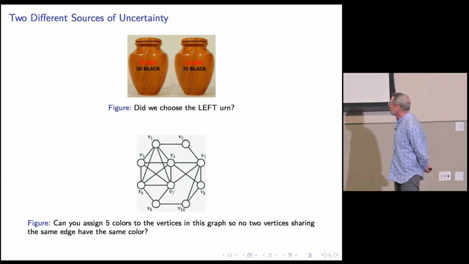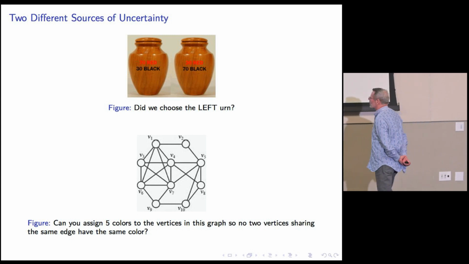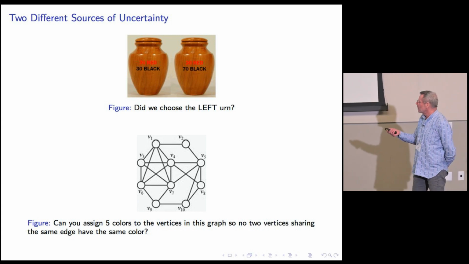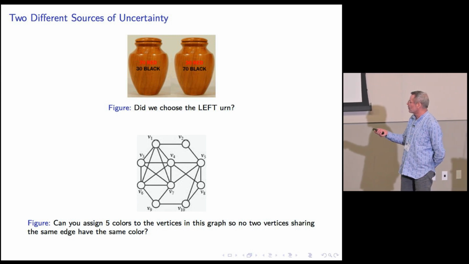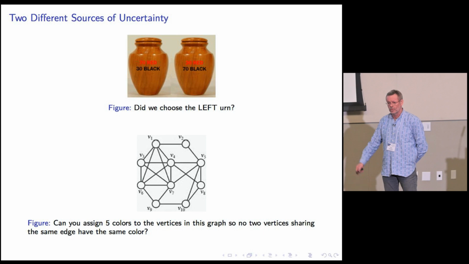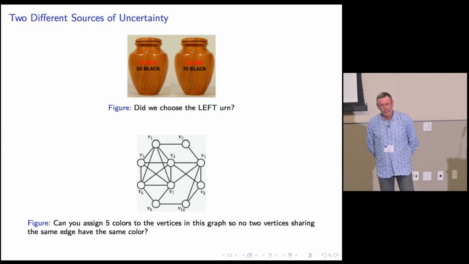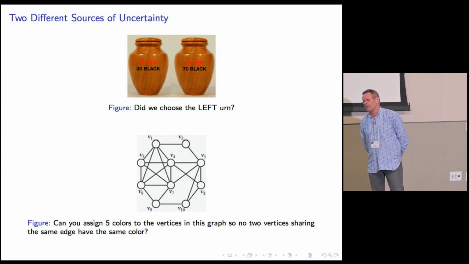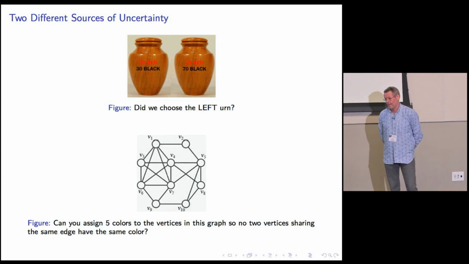The bottom one is the so-called graph coloring problem. And the question here, the specific instance, is, can you assign 5 colors to the vertices in this graph so no two vertices sharing the same edge have the same color, right? What's the answer? Question is, how do you learn about this? You can try randomly. So the whole point today will be that if you try this randomly, be my guest.